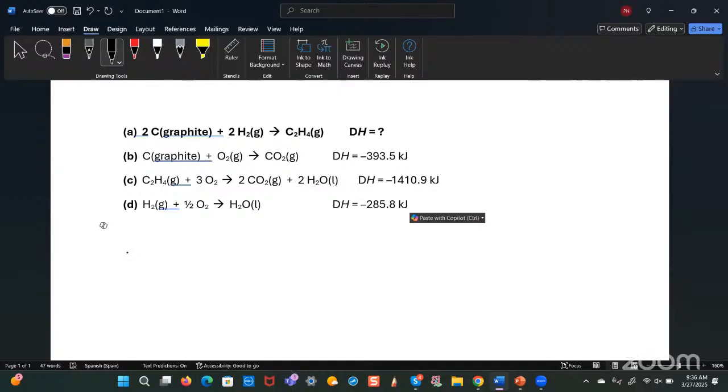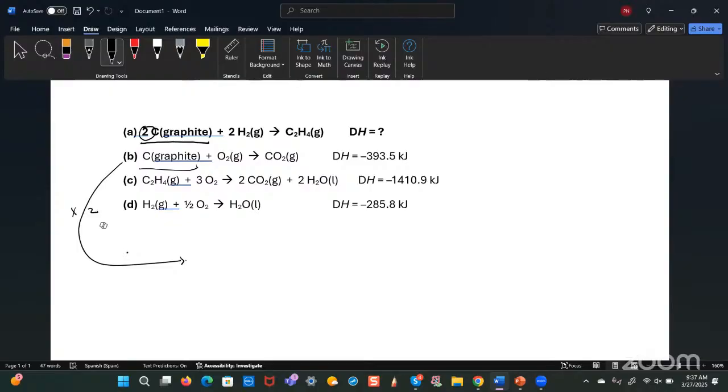The first one I notice is that in equation B, you have carbon on the left side, which is true for the first equation. However, there's a coefficient of 2 here. So because there's a coefficient of 2, I would multiply that entire equation by 2.